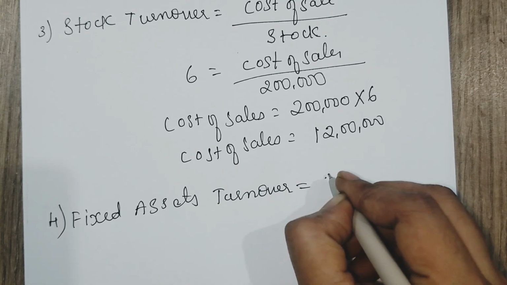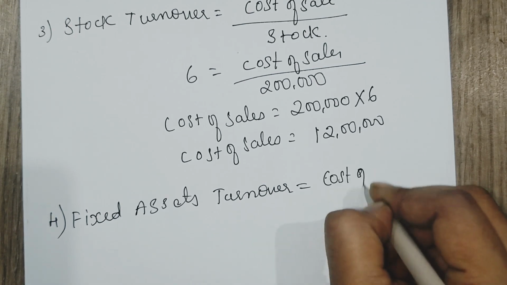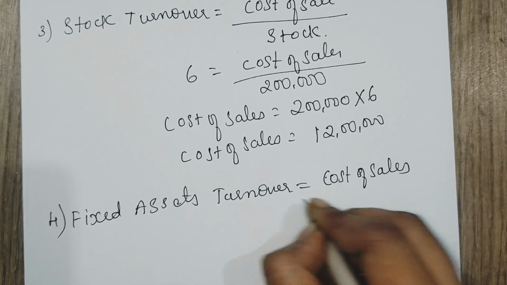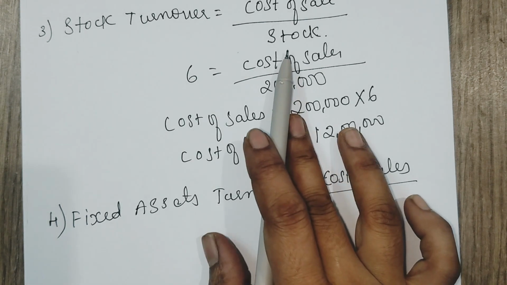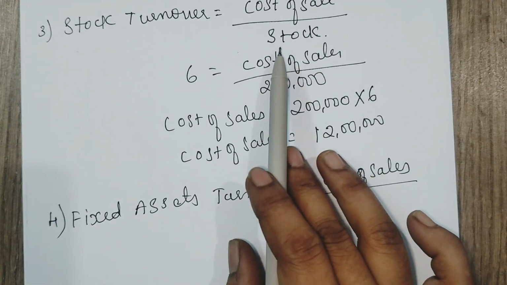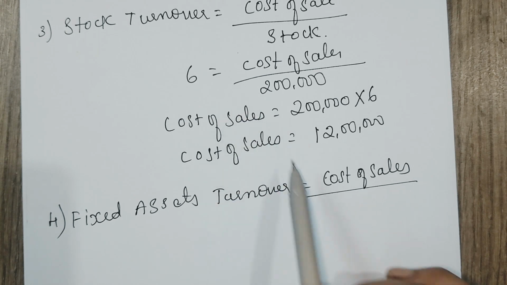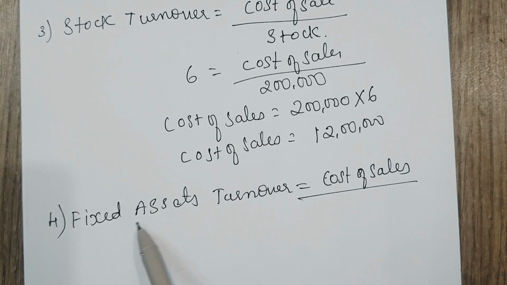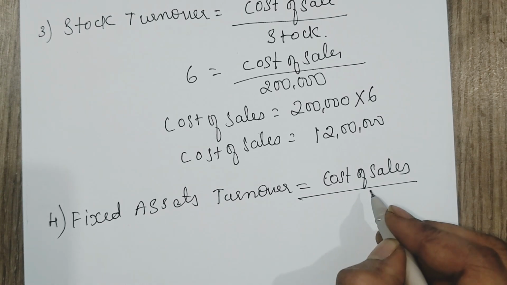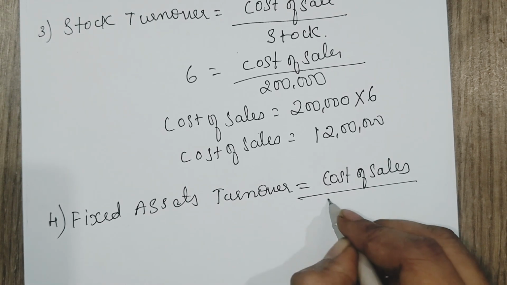The formula for fixed asset turnover is cost of sale divided by fixed asset. There is a link between the ratios. Here stock we calculated from liquid ratio, then we used it for the stock turnover. Now cost of sale we calculated, and we are using it for the fixed asset turnover.